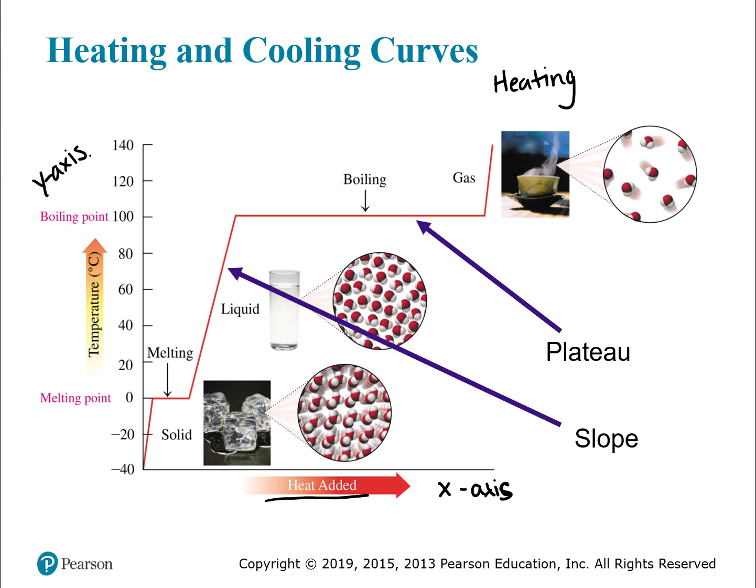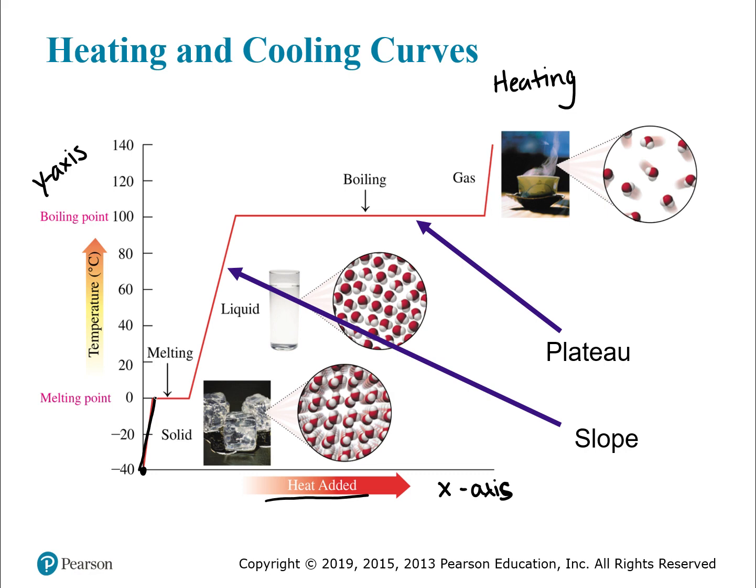Let's say that we're starting with water and we wanted to do a heating curve. Well, at really low temperatures, water is going to be ice. It's going to be a solid. As you put heat into it, let's say you left out that ice on the countertop, it's going to slowly warm up.